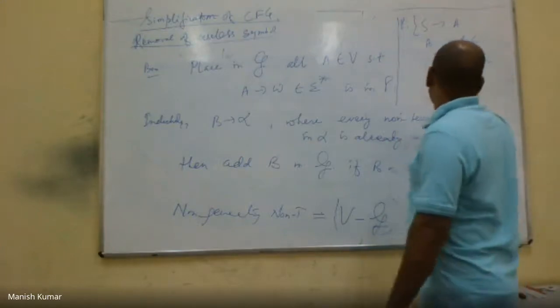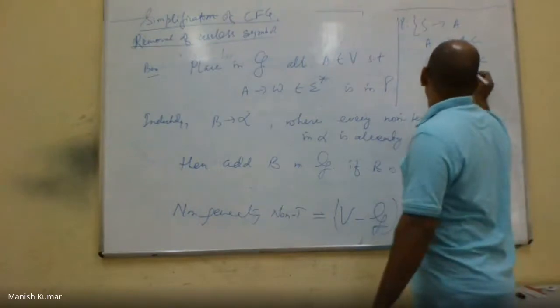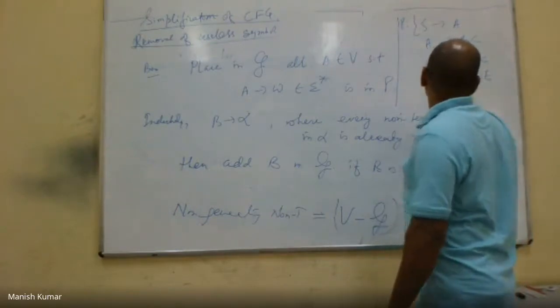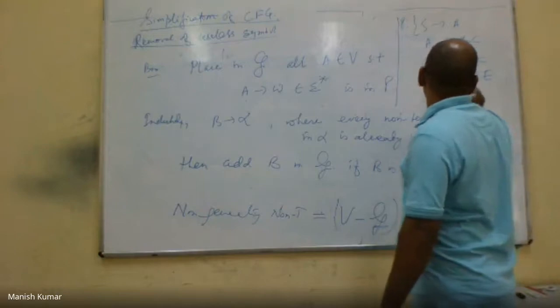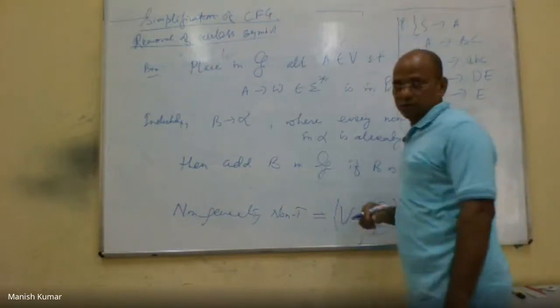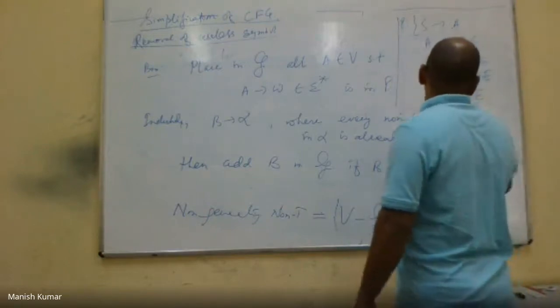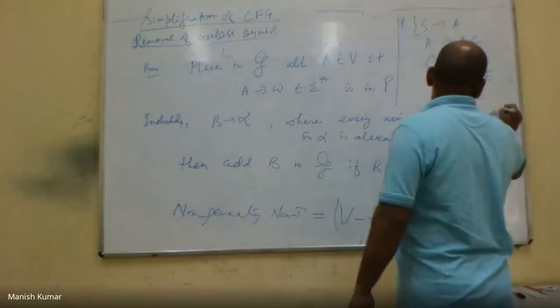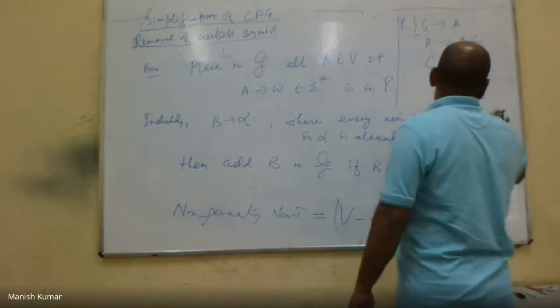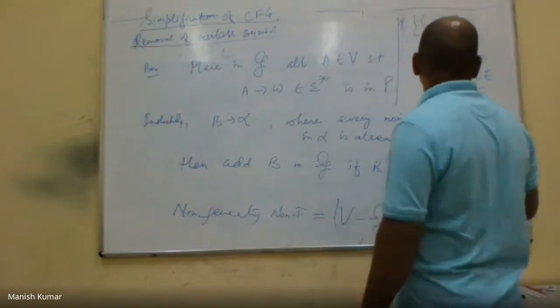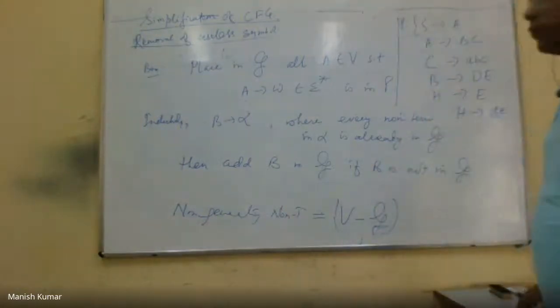Then B goes to D, E, and then H goes to D, E, something like this.